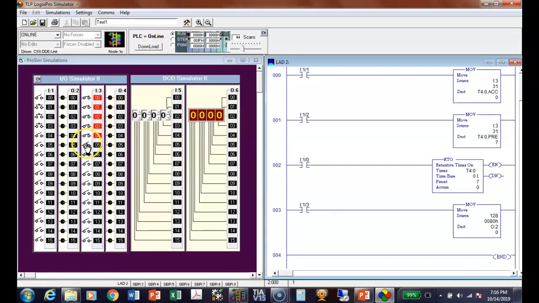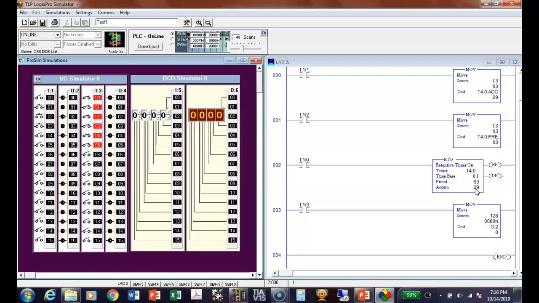Let's load it with a bigger number so we can see this. So we're going to load it with 63. I'm going to come up here and start timing. It starts timing. I disable it. What does it do? It holds the number. So non-retentive timers, when the rung becomes false, automatically reset the accumulator to 0, whether you let it finish timing or not.